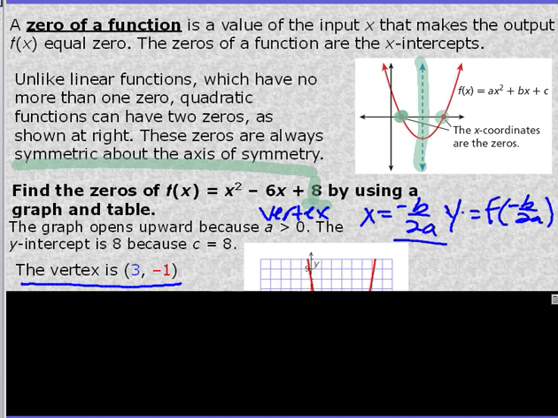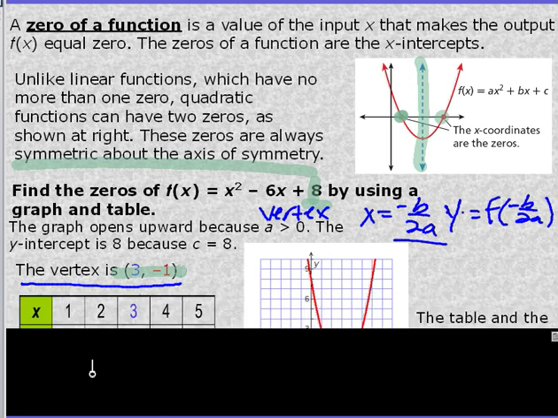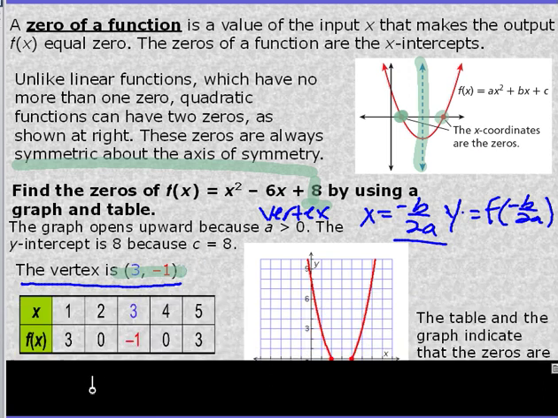Basically we want to start making our table from our vertex, which is on our axis of symmetry, because we know that symmetrically on either side of that is going to be our zeros. We don't know necessarily how far out, but we're eventually going to get to the points that are zeros. And in this case, it's very easy. Here's our axis of symmetry or vertex.